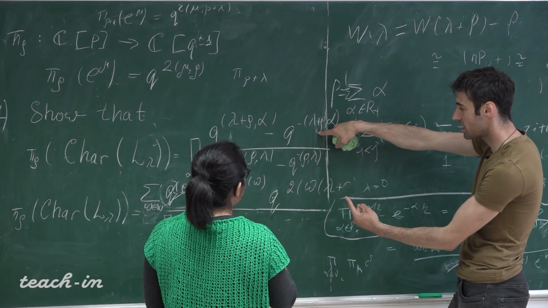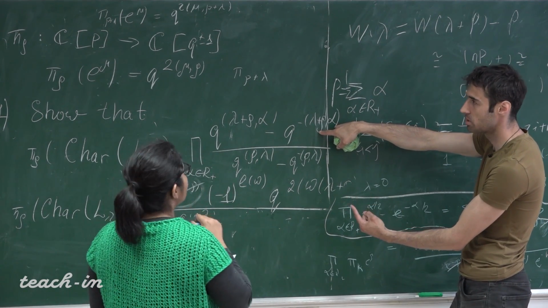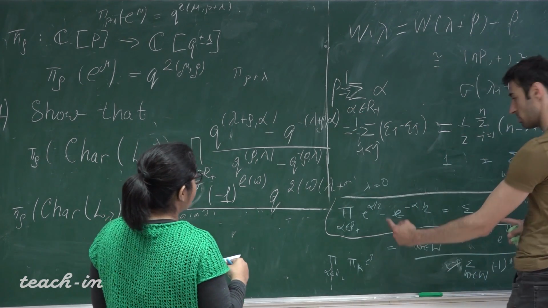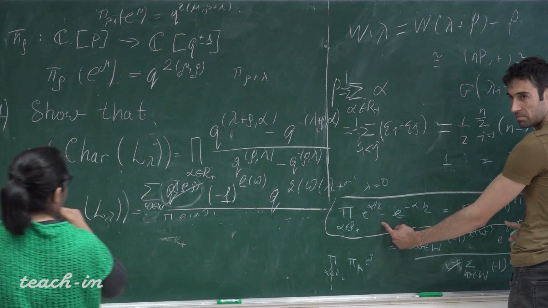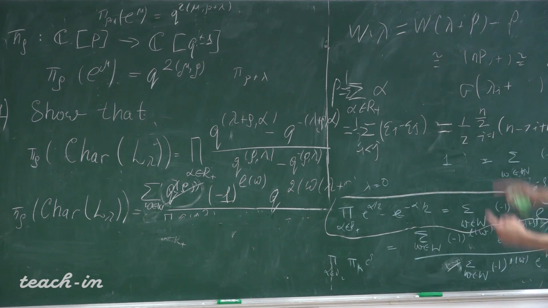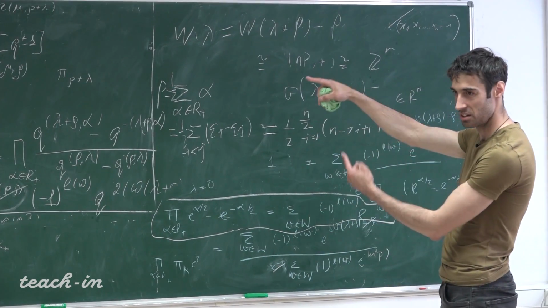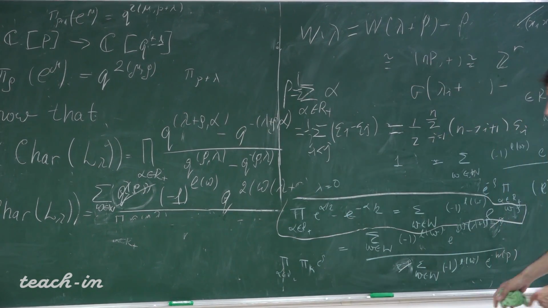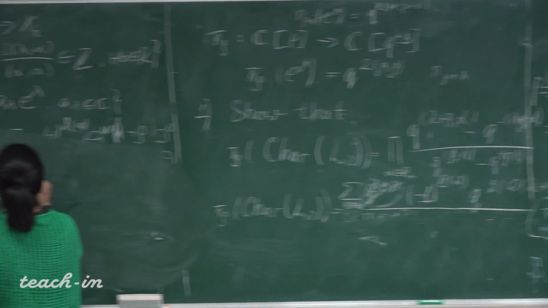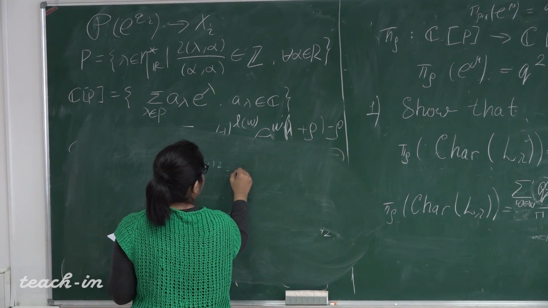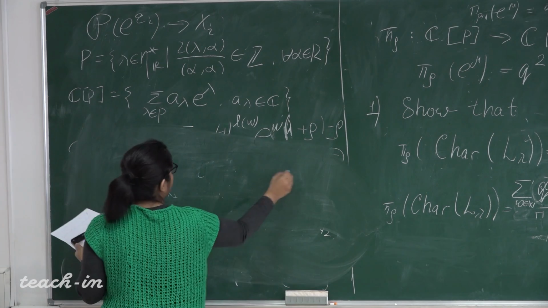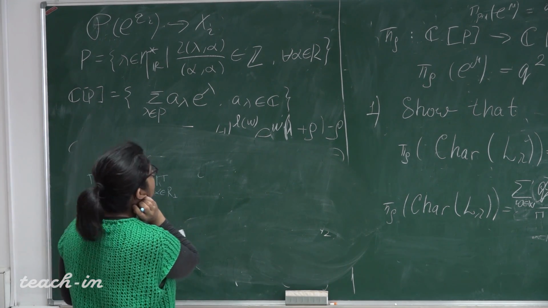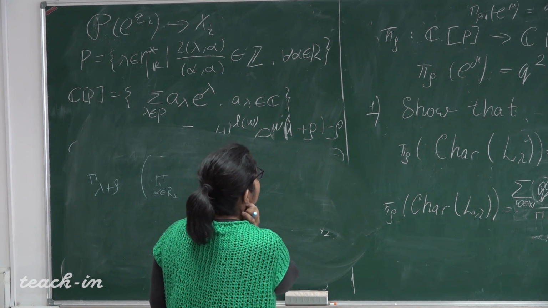So this missing part is exactly applying pi rho plus lambda to this equality. Because the denominators we checked, the numerator is just applying pi rho plus lambda to the Weyl denominator formula. So e to the power alpha by 2. You apply it on the whole part, pi of lambda plus rho.